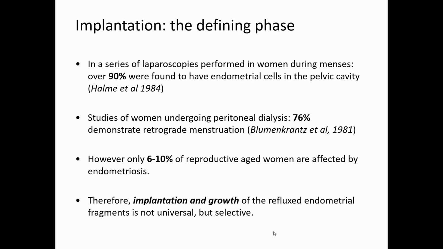So this disparity between the presence of product and the implantation and lasting presence of product is the area of active research in endometriosis pathogenesis and pathophysiology. And it's the implantation and growth of that retrogradely transited endometrium that is the selective, unique phenomenon in endometriosis.